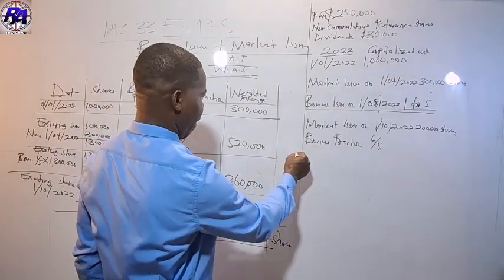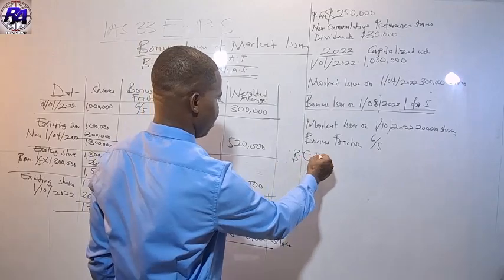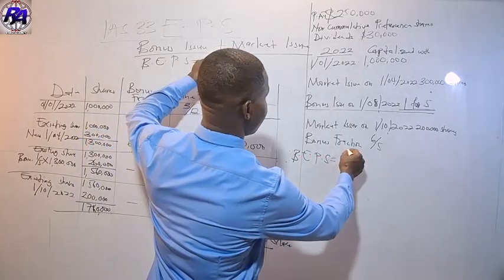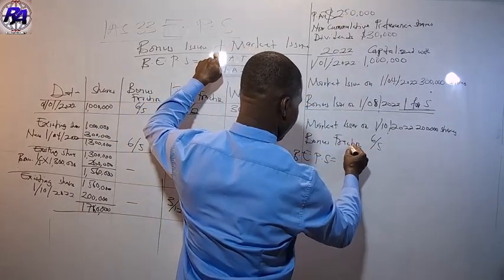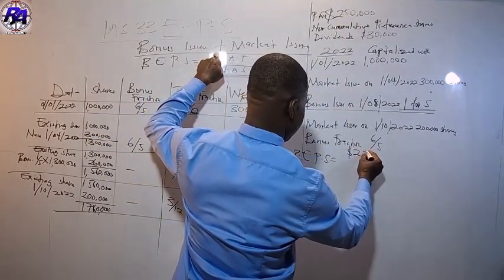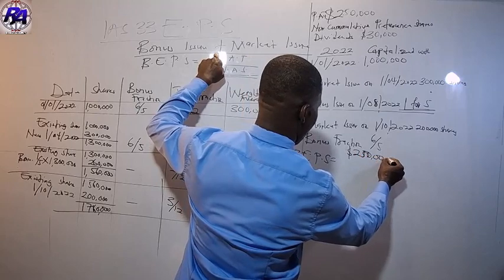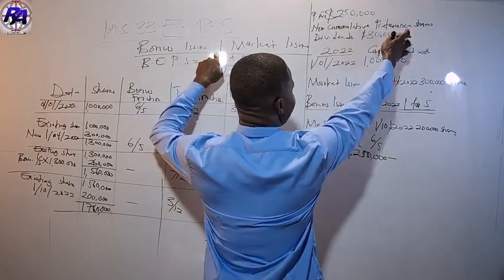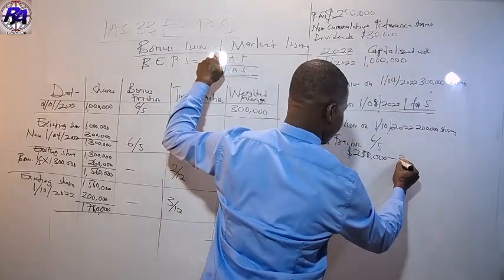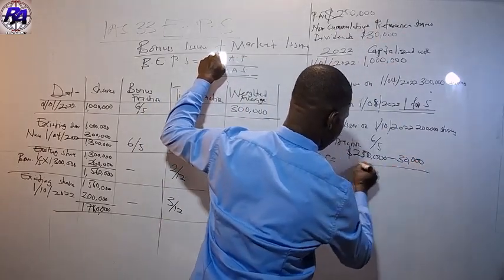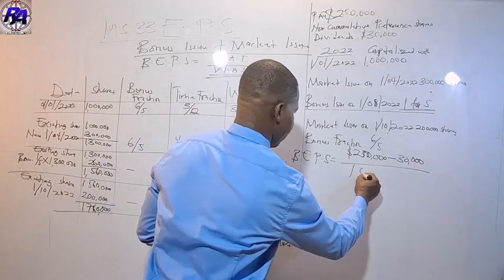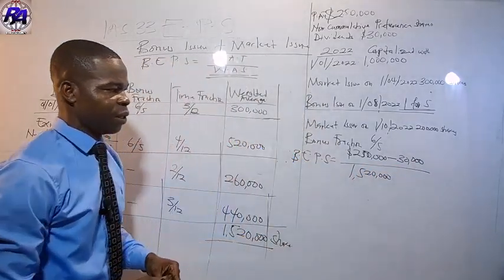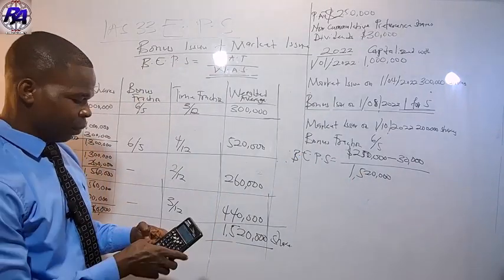Therefore, our basic earnings per share is going to be our profit after tax, 250,000, minus our non-cumulative preference share dividends of $30,000, all divided by 1,520,000 shares.